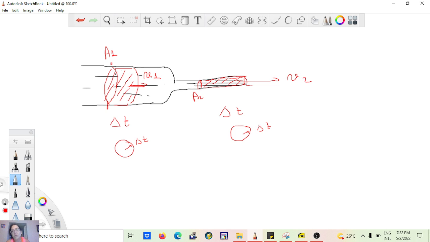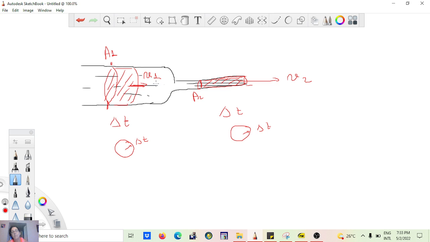So when you have a wide pipe that gets narrow into a smaller pipe, the fluid going through the narrow part has to speed up. So here you have the speed V2 and here you have the speed V1.